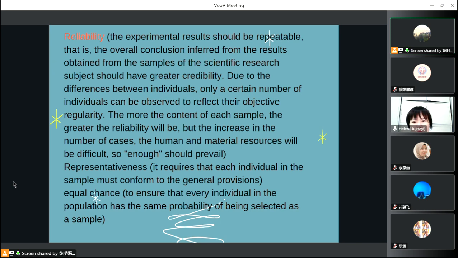Due to the difference between individuals, only a certain number of individuals can be observed to reflect their objective regularity. The more the content of each sample, the greater the reliability will be. But with the increase in the number of cases, the human and material research will be difficult. So enough should prevail.